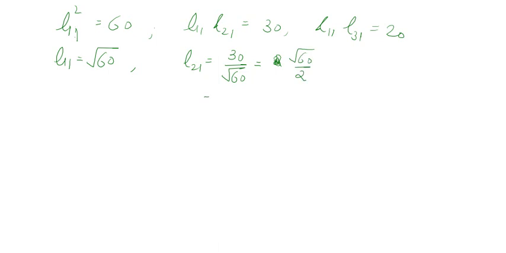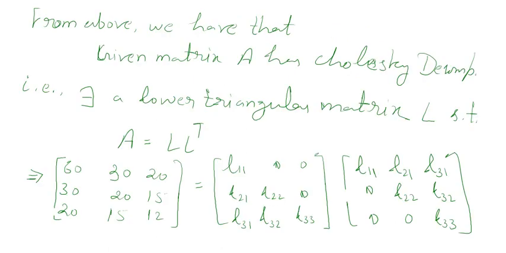Root 60 is 15 into 4, so that is the square root of 15. So that is L21. From here L31 is equal to 20 by root 60, so that is equal to root 60 by 3, and so on.